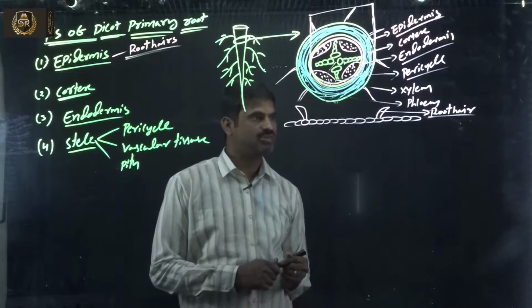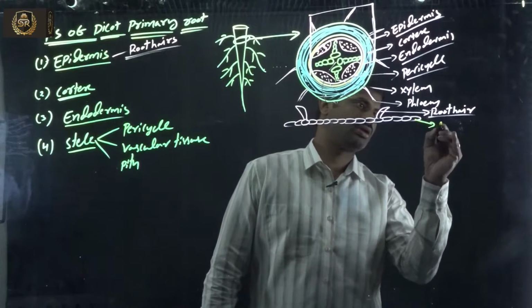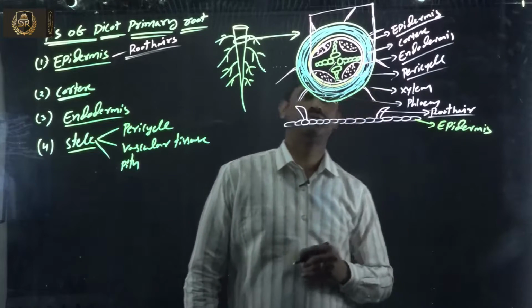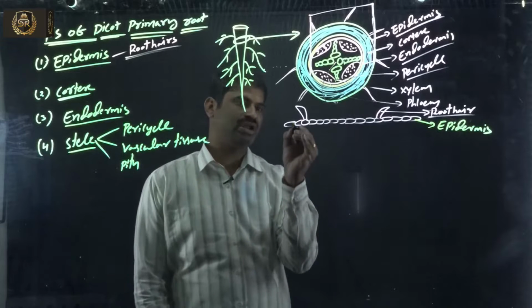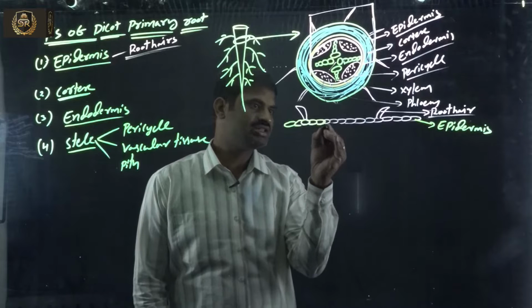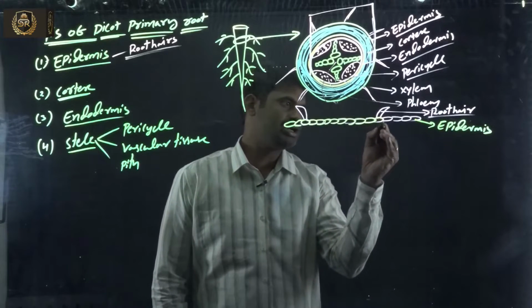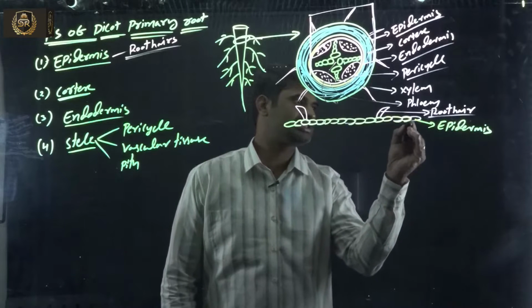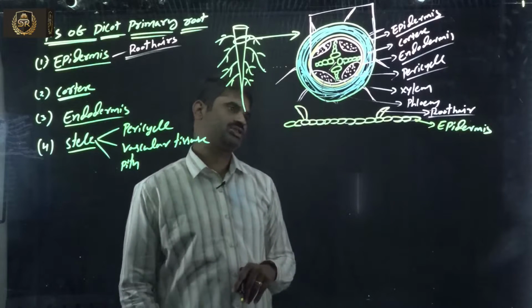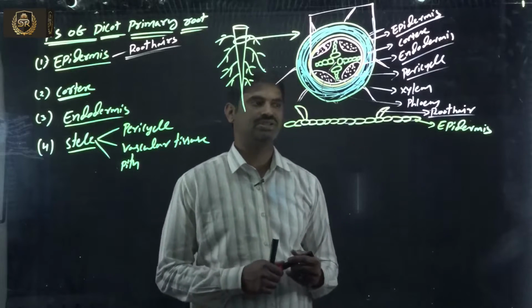Epidermis is a multicellular uniseriated structure, made up of many cells. The outermost protective layer is called epidermis.